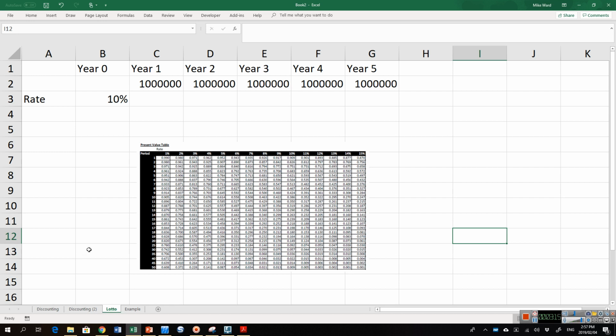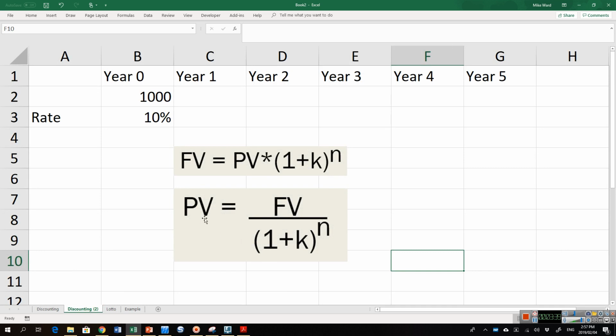But you can't tell people that you've really won 5 million. Because you and I know that 1 million in a year's time plus 1 million in 2 years' time, etc., is not really the same as getting 5 million right now. So what we need to do when we're dealing with money in the future is bring it back to the present using this little formula here.